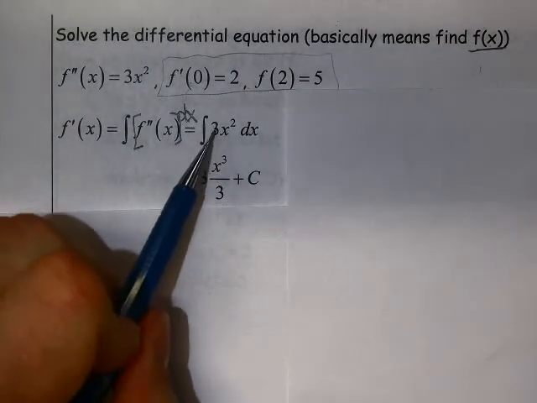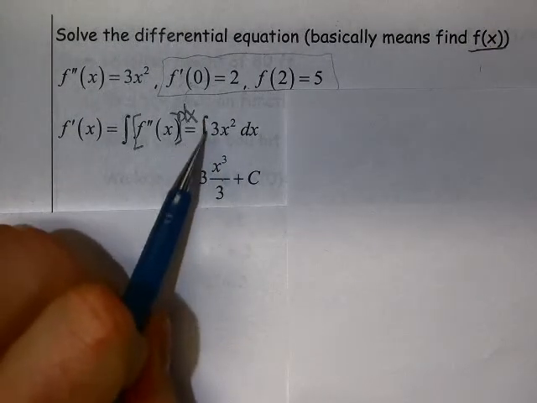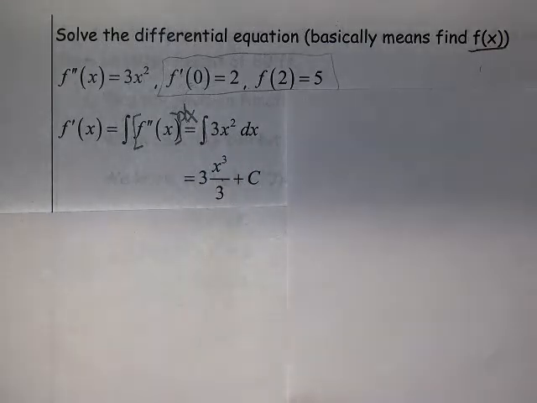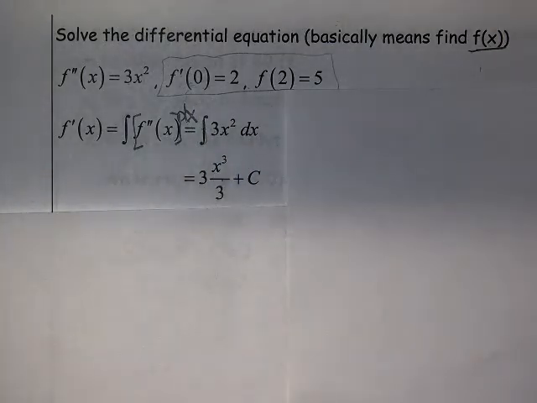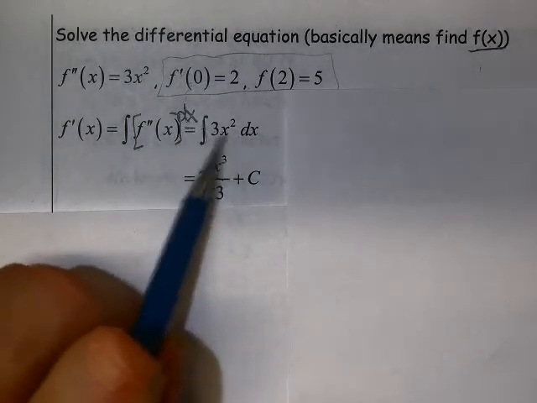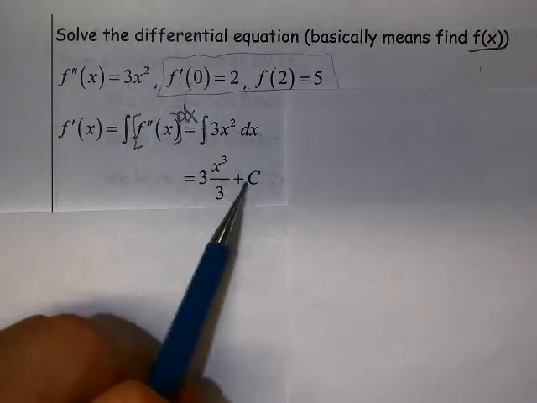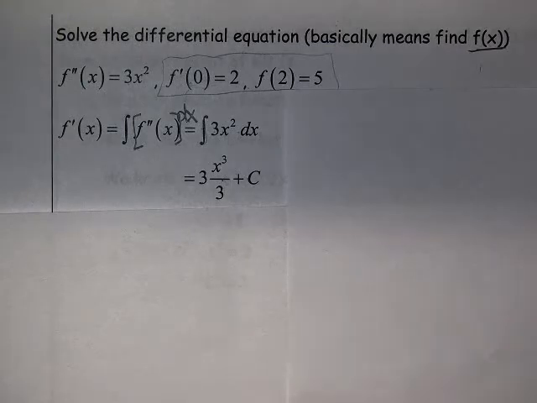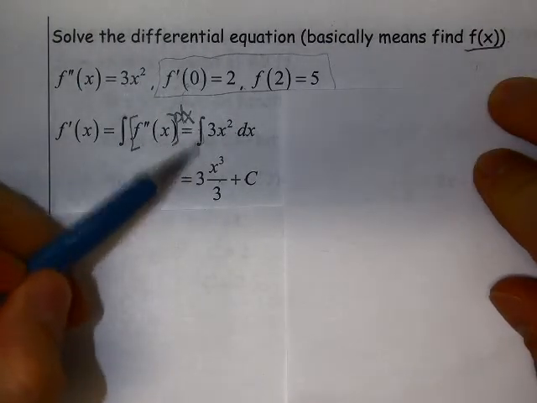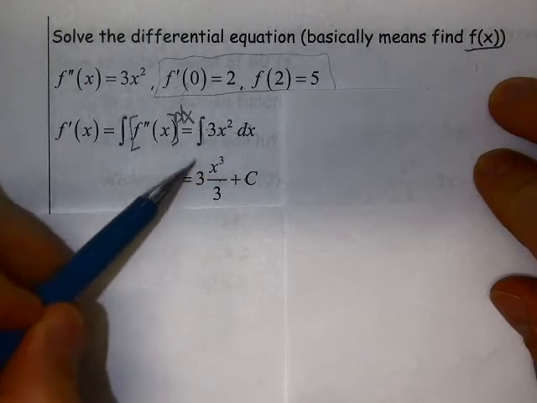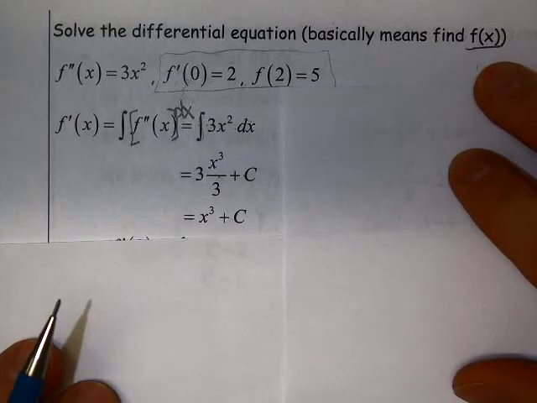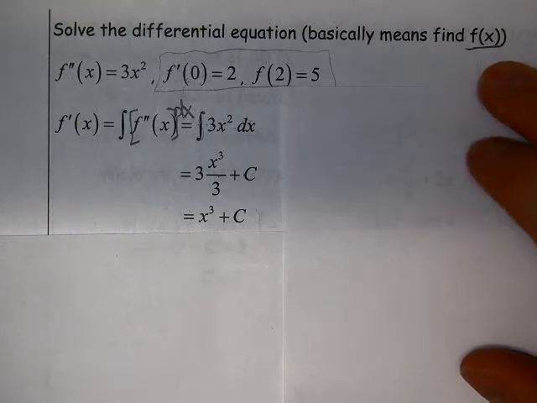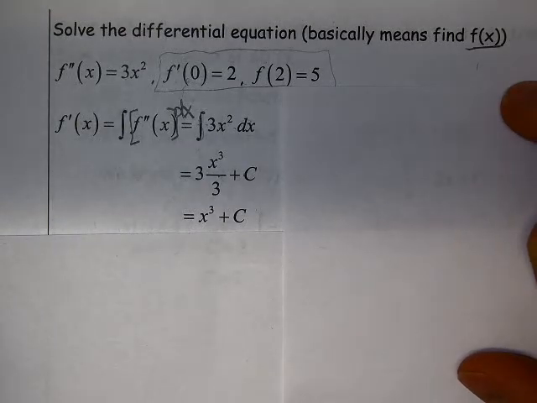But notice that as soon as I take the antiderivative, the integral sign and the dx disappear because I've performed that operation. And as soon as those disappear for an indefinite integral, the plus c appears. So that all happens in one step. Now I can worry about simplifying. It's a simple one. We get x cubed plus c.